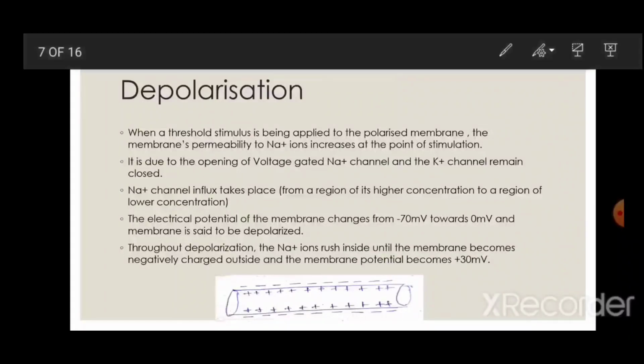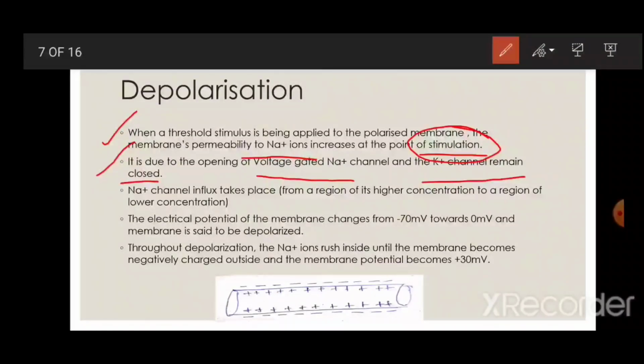So what all happens during a depolarization event? When a threshold stimulus is applied to the polarized membrane, the membrane's permeability to sodium ion increases at the point of stimulation, that is, at the point of application of the stimulus. It is due to the opening of voltage gated sodium channels while potassium channels remain closed.